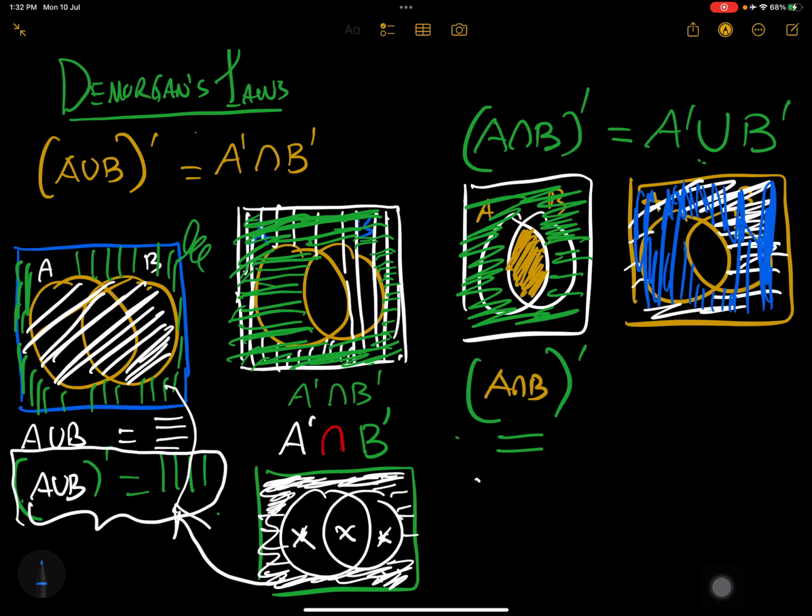And then we unionize it, the white and the blue. If you do that, it is anything outside of this region. That means this side is not part, but we are shading everywhere except this part. And we can see that that is the same as here. We shaded everything outside the yellow, and the same thing, we were shading everything outside of this question mark here. All right, so we end our set topic, and then we are going to move on to surds.